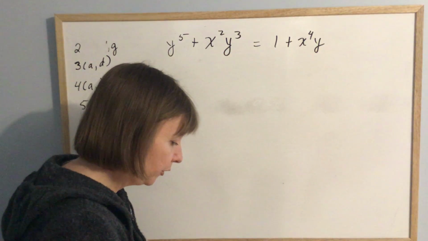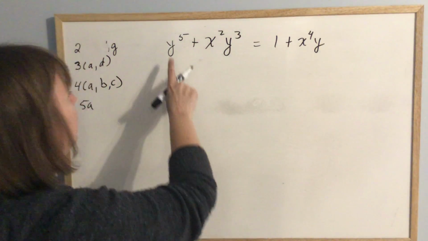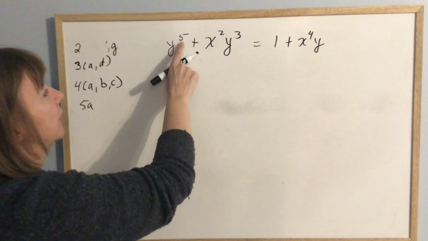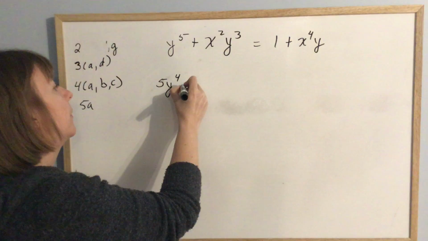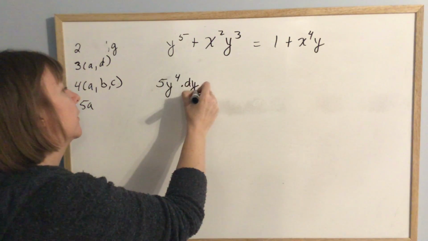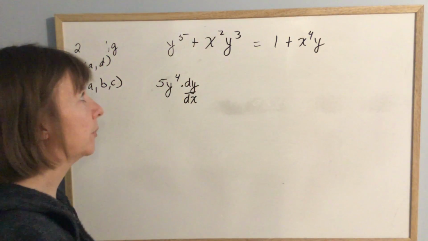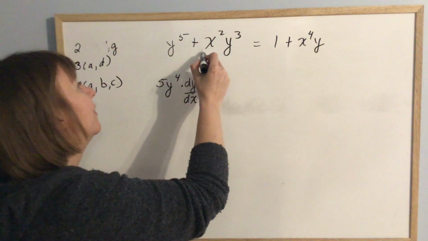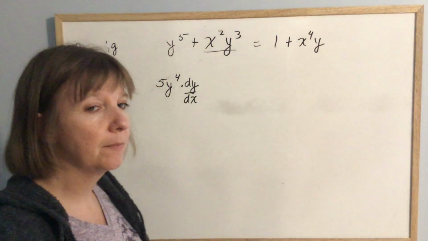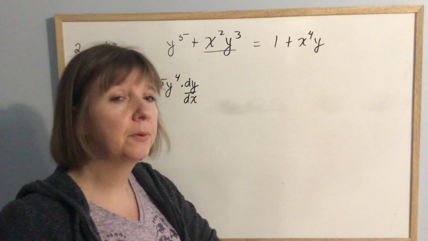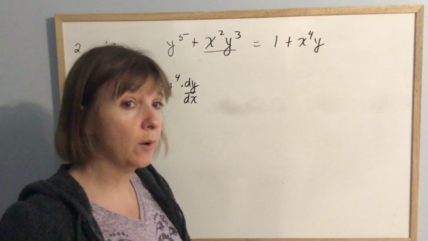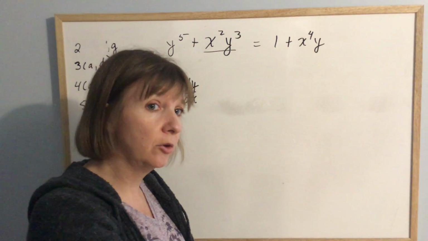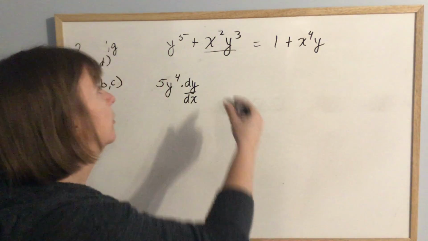So for this, the derivative of y to the 5th is going to be 5y to the 4th, but I have to say I did the derivative of y with respect to x. This part messes everything up because I am multiplying the x squared with the y cubed. I'm multiplying two things together.